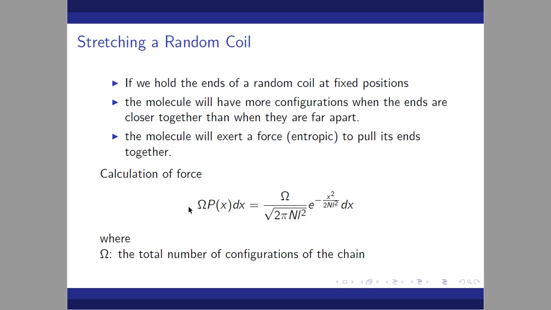p(x) dx equals 1 over the square root of 2 pi n L squared, exponential of minus x squared over 2 n L squared, dx. Here capital omega is the total number of conformations of the chain. We multiply this with the probability, so we get the force.